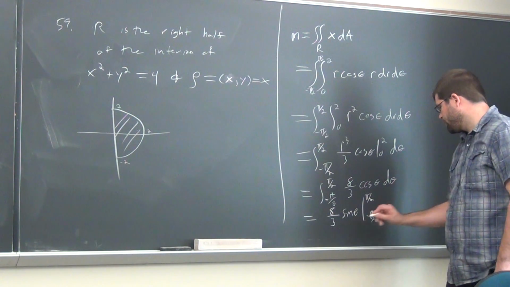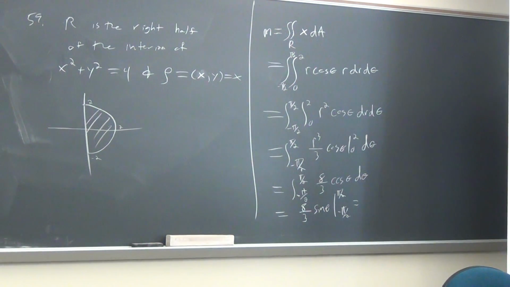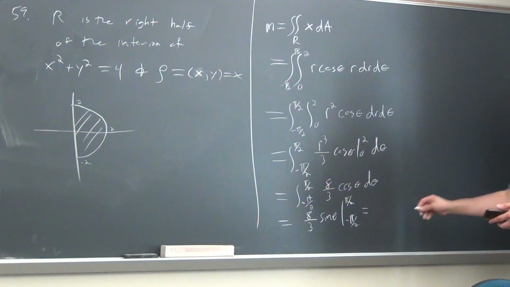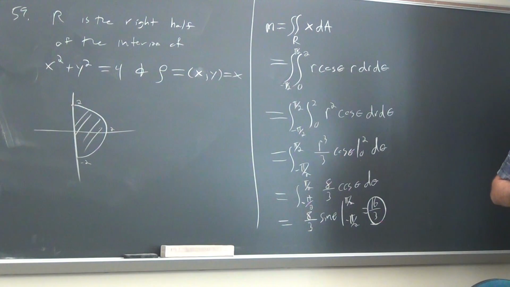So what do we get there? Sine of pi over 2 is 1. Sine of negative pi over 2 is negative 1. So you'll get 8/3 minus negative 8/3, so you'll end up with 2 of those. So 16/3. Okay, so there's the mass.